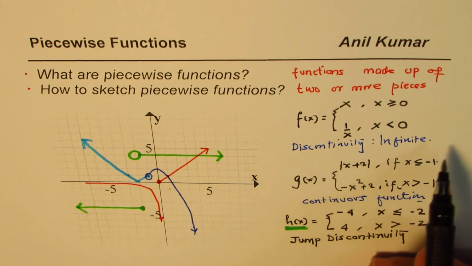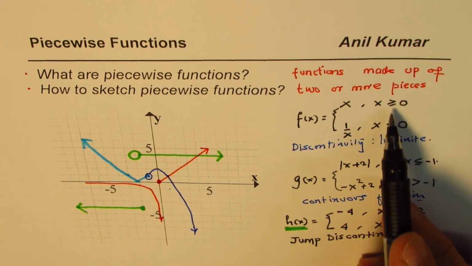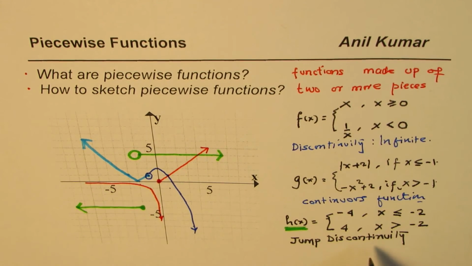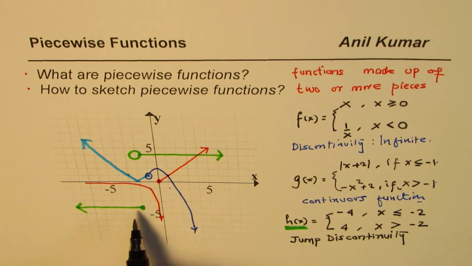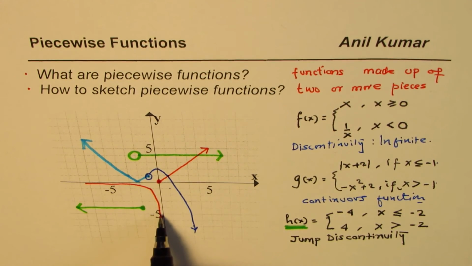Otherwise, if the two pieces don't join at the point on either side which they have been defined for, in that case they have a discontinuity. We may have discontinuities of different kinds. We learned two types of discontinuities here. One is called jump discontinuity. The other one is called infinite discontinuity, right?